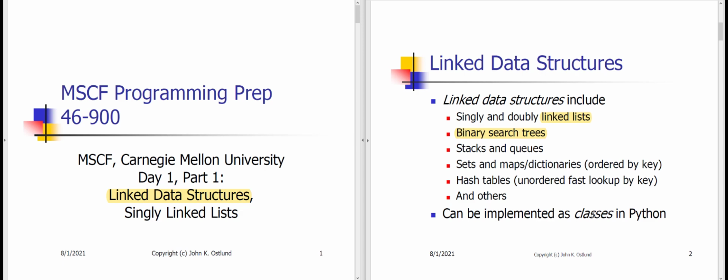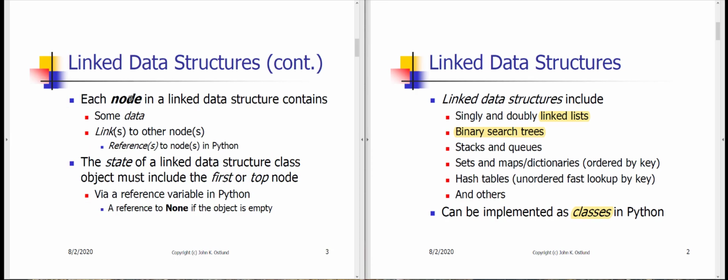All right, and so we can use classes in Python to implement these linked data structures. So a node in a linked data structure contains some data. This is one or more data attributes. And also the node contains links to other nodes in the same linked data structure.